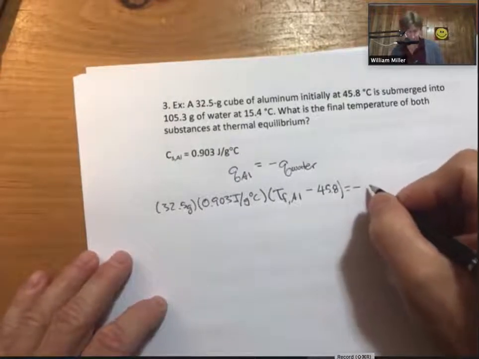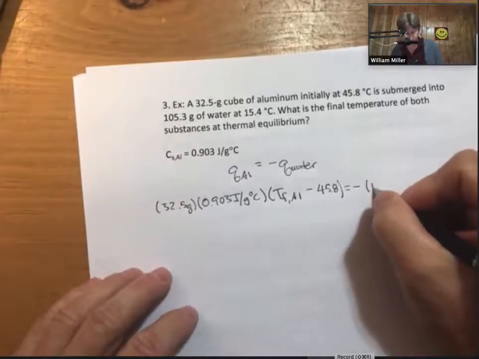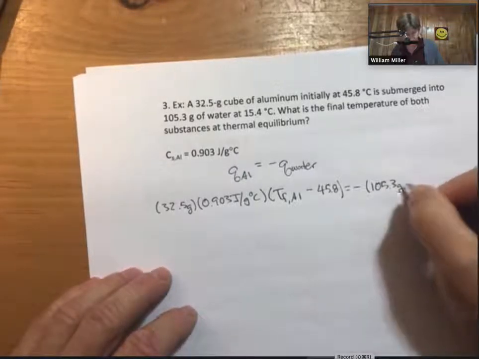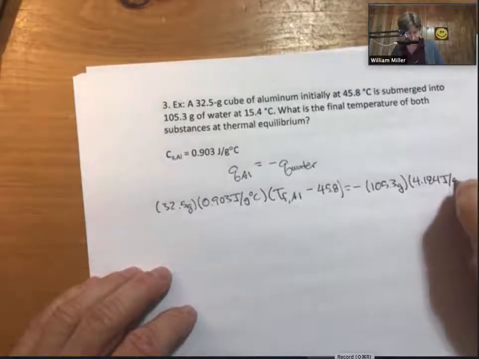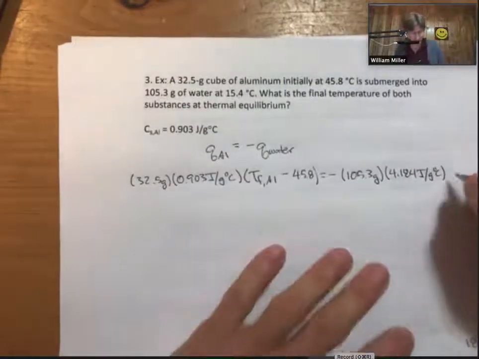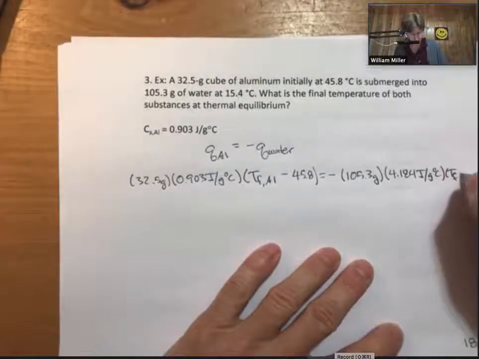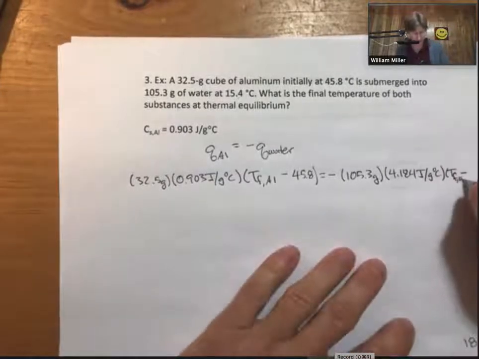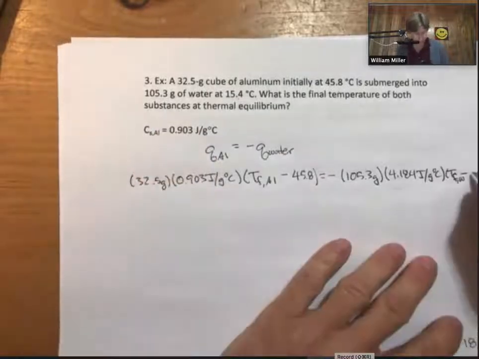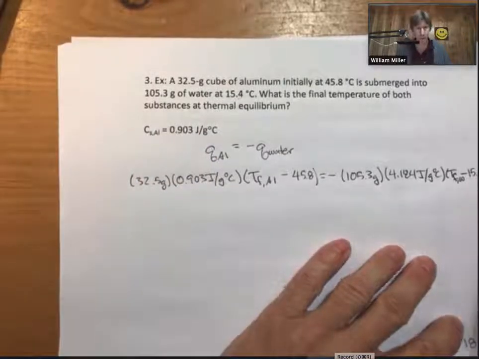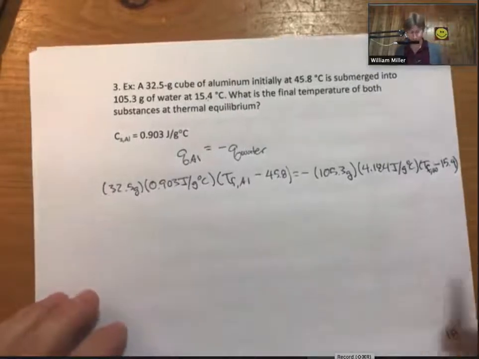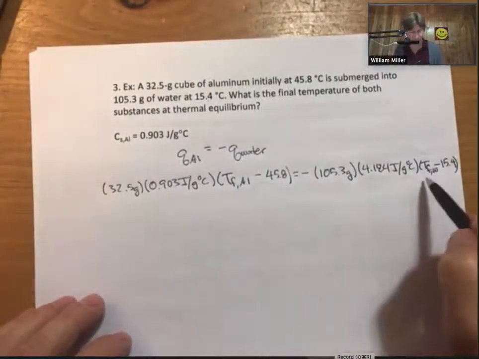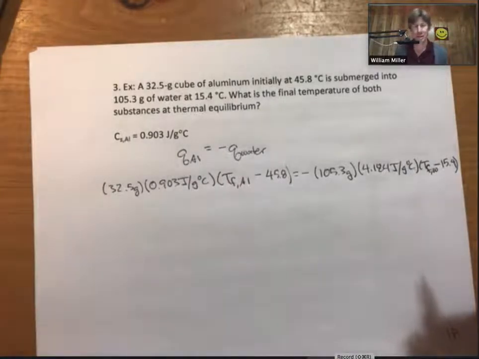We included it. All right, so mass of water, specific heat of water, and temperature change of water. T final water minus 15.4. Now my T finals are the same, so now it's off to the Algebra Olympics.